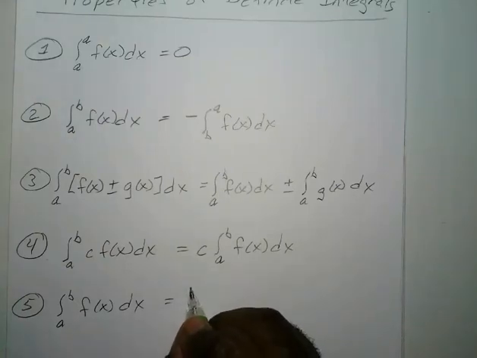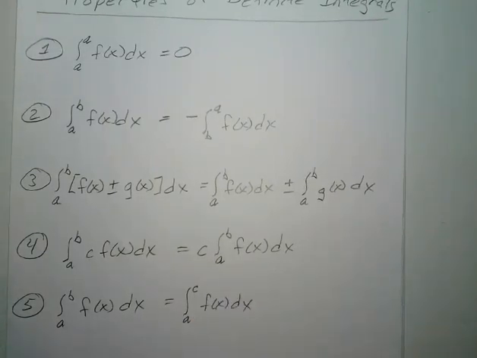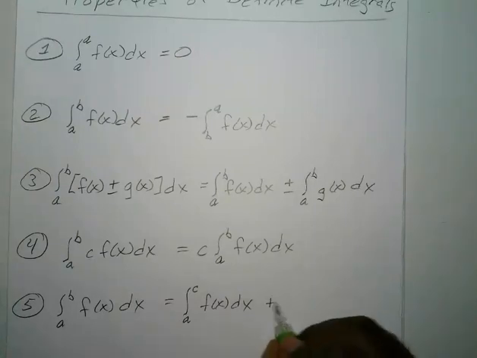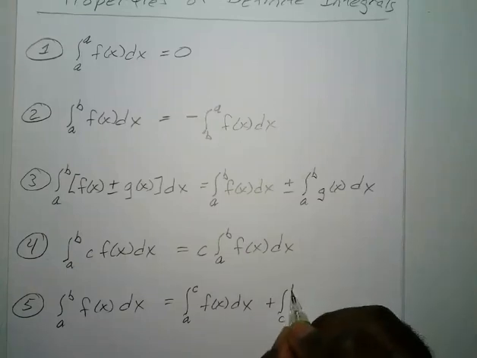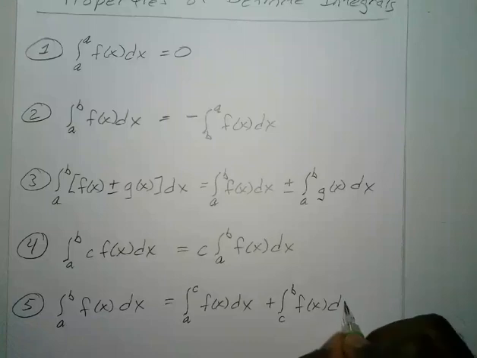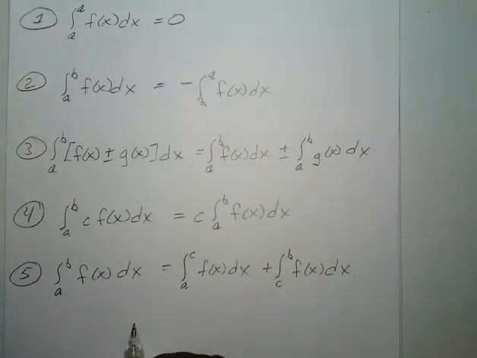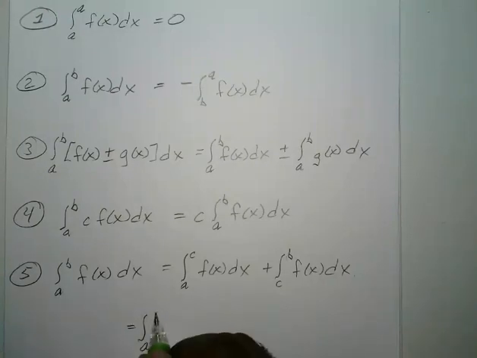We can go the integral from a to some constant c of f of x with respect to x, plus we can pick up at that same value c and go to b of f of x with respect to x. So instead of going right from a to b, we can go from a to c and then c to b.